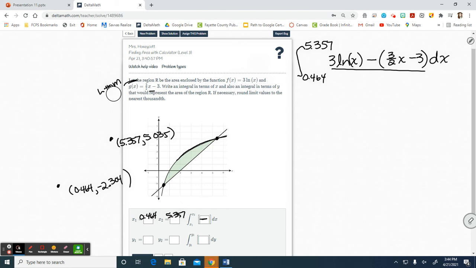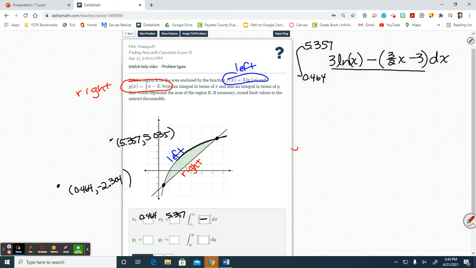Now, if I want to do right minus left, then I'm going to need to identify the curve on the right and the curve on the left. So right here, I'm seeing this line is the curve on the right side, and then this curve is the curve on the left. So the curvy part is this part, so this is left, and this line is the one on the right.